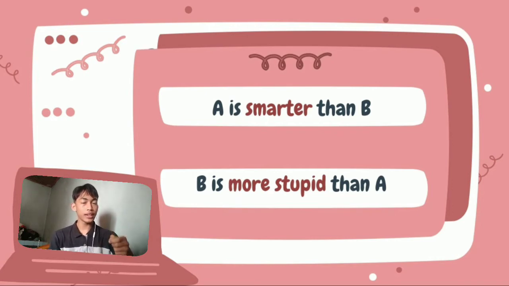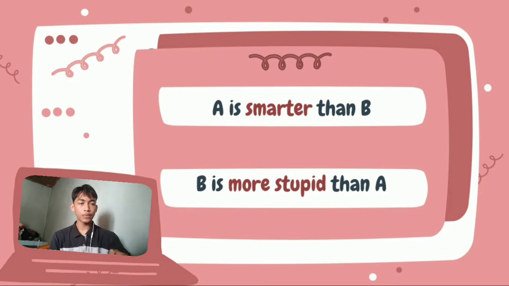This is different from the second example, which is B is more stupid than A. In this sentence, the word stupid is a word that has two syllables, so it cannot be added with ER, but the word more or less must be added according to what I explained earlier.